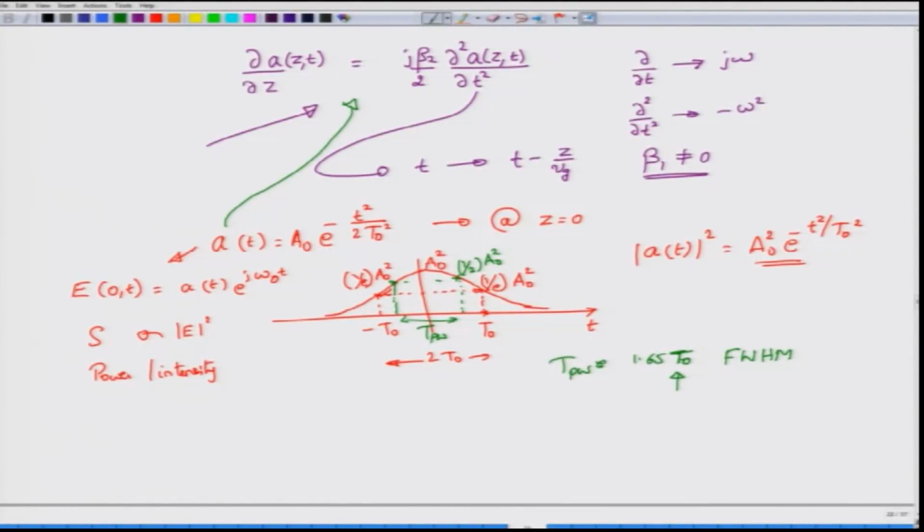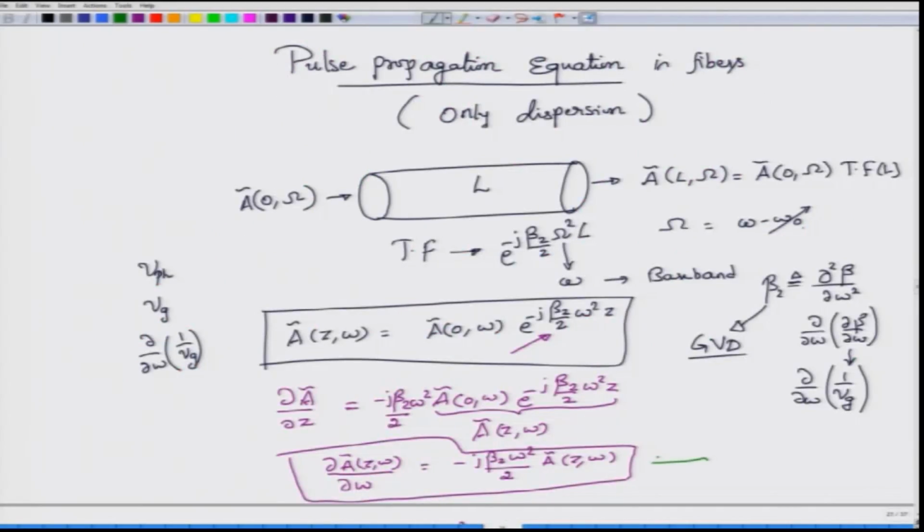Okay. So, how do I solve this equation? Instead of solving it directly, I will use something that I already know. I am going to take the Fourier transform and then multiply by e power minus j beta 2 by 2 omega square z, and I will then calculate the Fourier transform and then take the inverse Fourier transform to obtain A of z t.